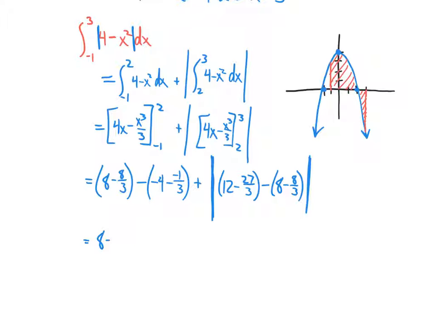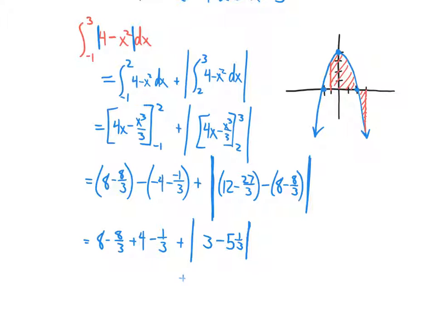Okay, 8 minus 8/3 plus 4 minus 1/3 plus the absolute value of what's inside here, which is 12 minus 9, which is 3, minus 8 minus 8/3, which is 24/3 minus 8/3. That's a minus 16/3. Okay, well 16/3 is 5 1/3.